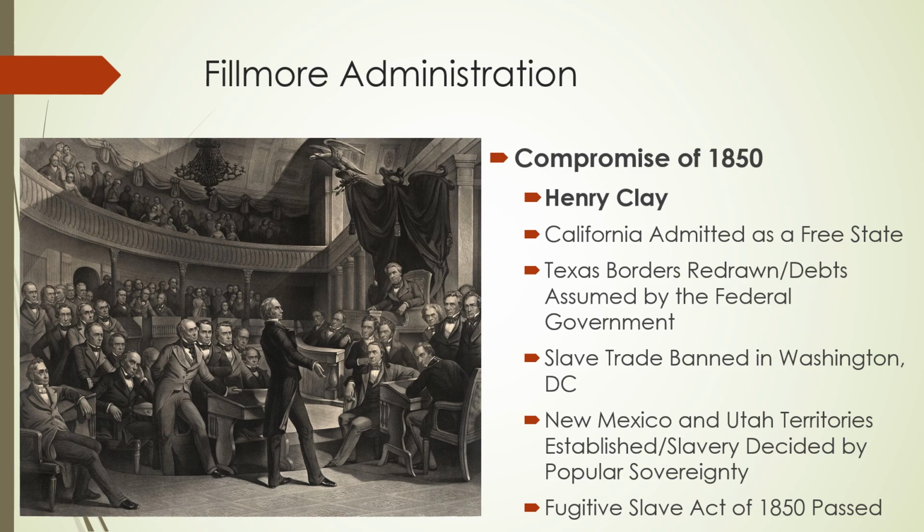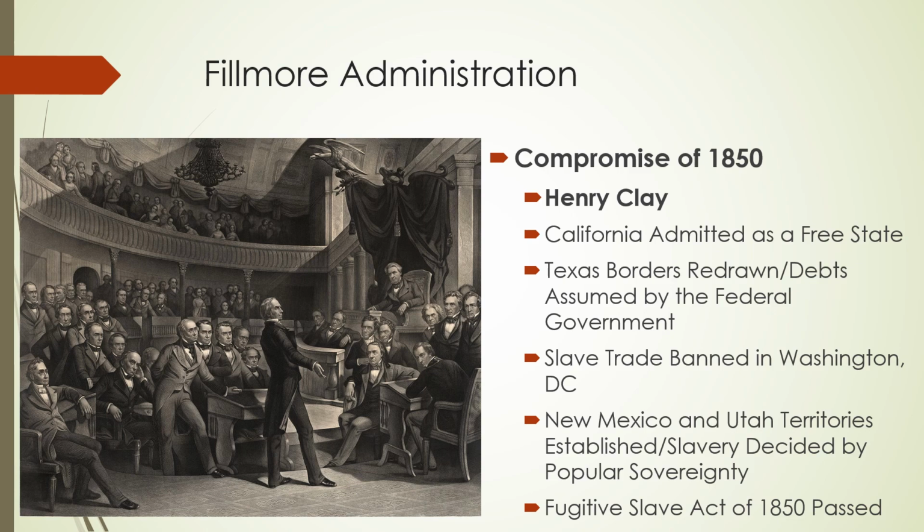And so the federal government, as part of this compromise, convinces Texas to give up all of that extra land that it's claimed in exchange for having its debts assumed by the federal government. So remember, the state of Texas was the Republic of Texas at one time, and it had a lot of debt. And so the federal government's basically saying, hey, we'll take care of your debt if you will give up all of this extra land that you've claimed after the war. And we'll talk about what happens to that land in a minute.